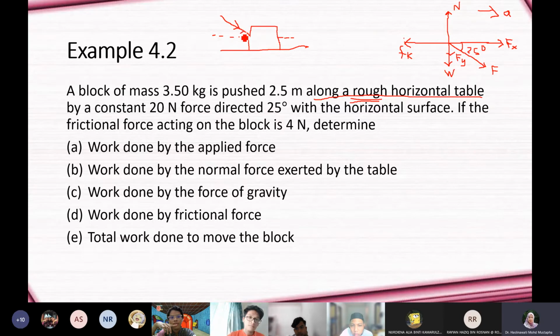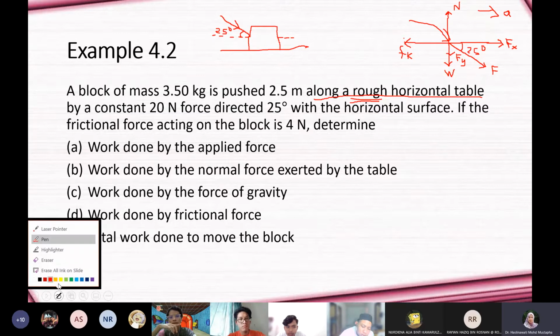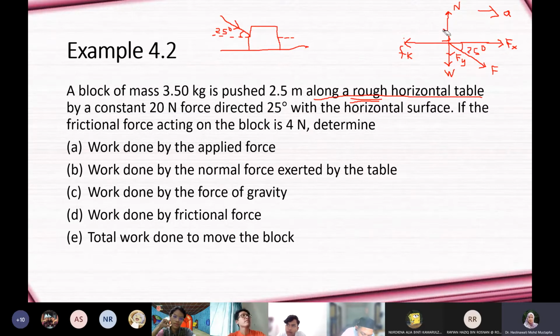Betul tak? Ni adalah 25 degree. Macam tu. So, bila kita tolak macam ni, kita tak boleh nak lukis free body diagram macam ni. Salah. Free body diagram mesti dia punya arrow mestilah keluar daripada objek tersebut. Boleh faham tak?